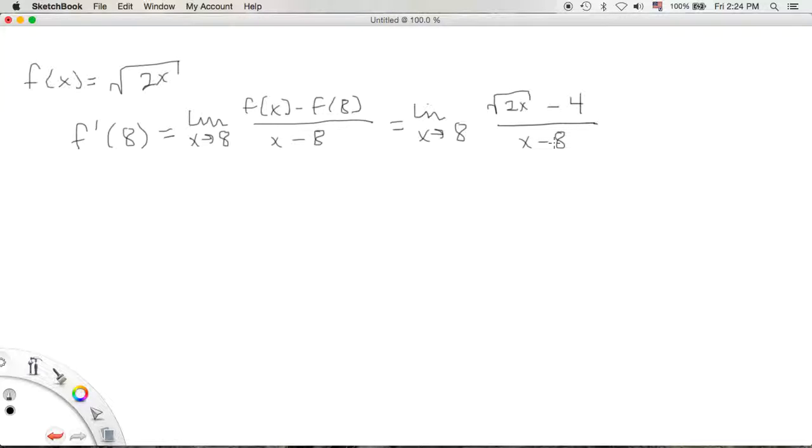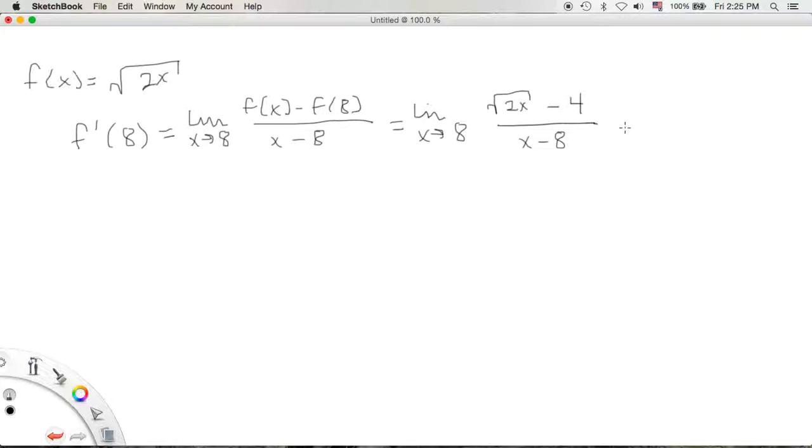And if the limit is going to 8, then we need to figure out how we can find this limit. Well, there are lots of ways we can make this work. Basically, we need to get this x minus 8 out of the bottom, so we need a factor of x minus 8 in the top. Well, we can't just make it up, so we have to multiply by 1 in disguise.